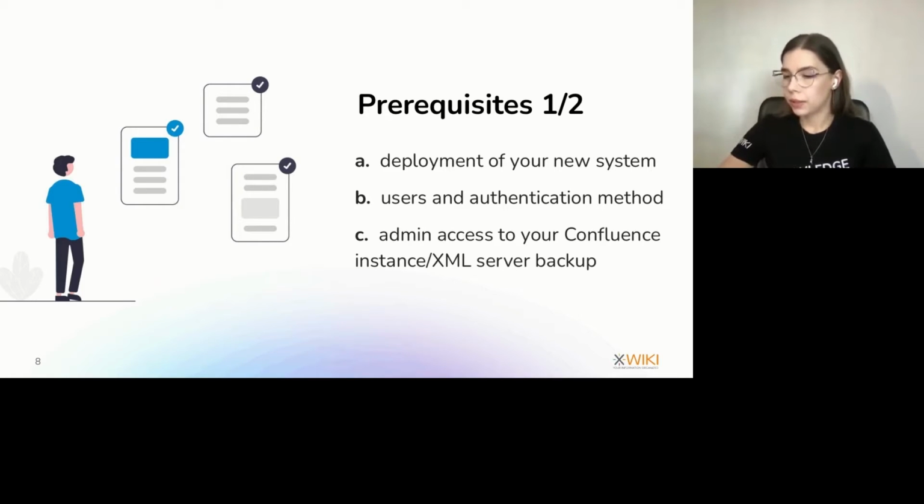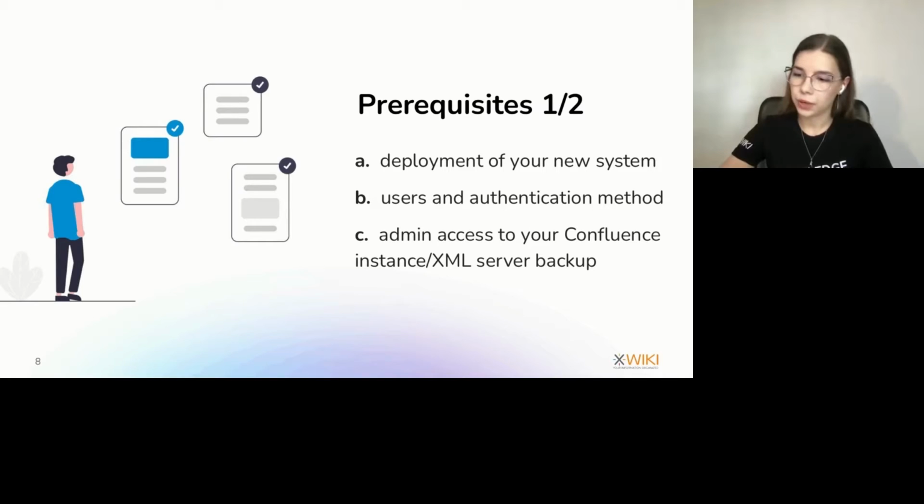Then, aside from the deployment and, of course, setting up an instance that has enough storage and memory allocated to JVM, you would need to decide upon users and authentication method. This is actually one of the main concerns that we look into when offering consulting services for Confluence clients.